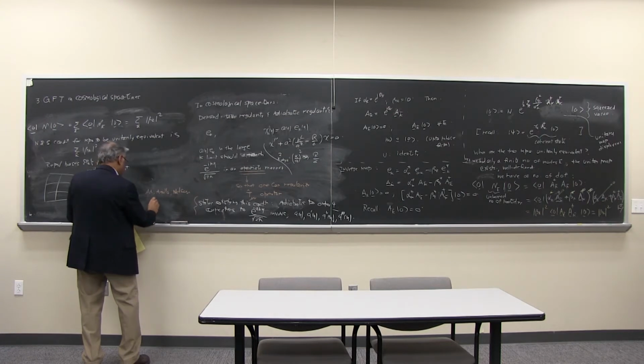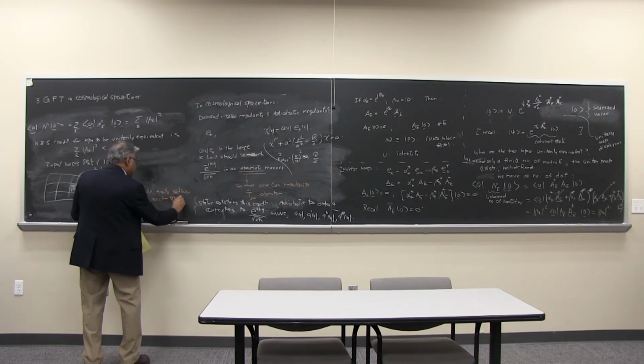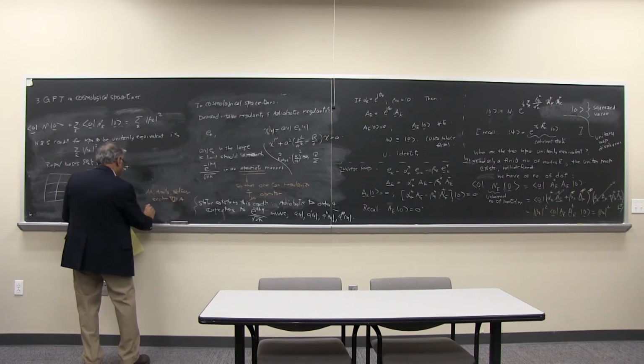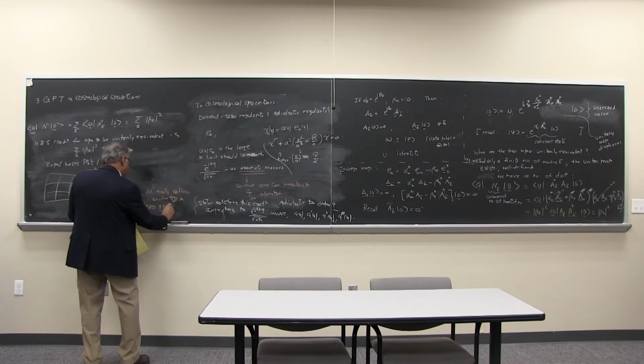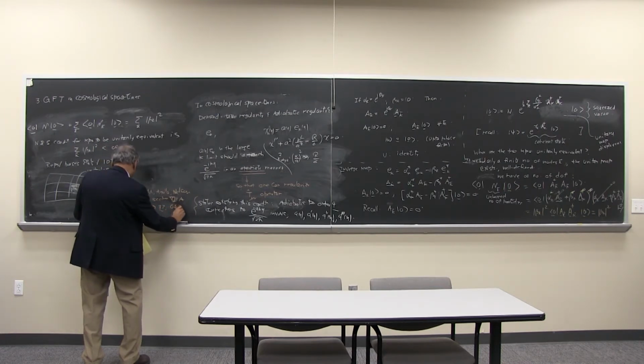Let's look at this section. You don't have to read anything else. This section, 6a, is self-contained. It is in PRD 80, also Nonkinds, 87 043507, 2013.